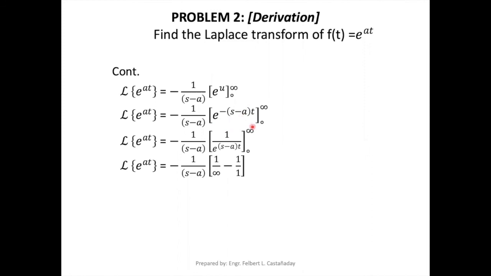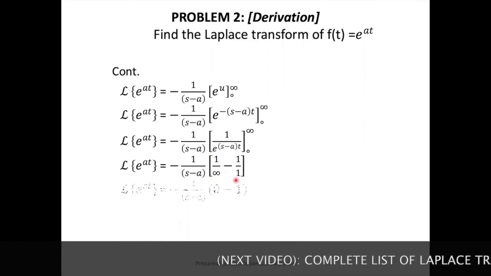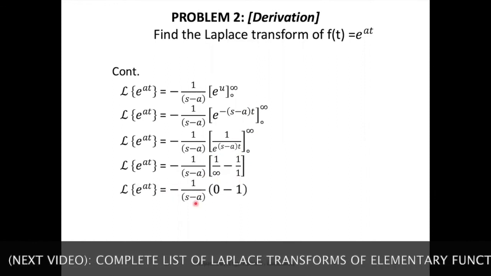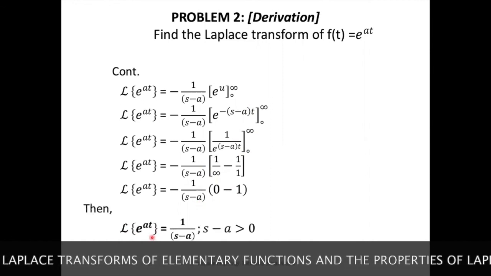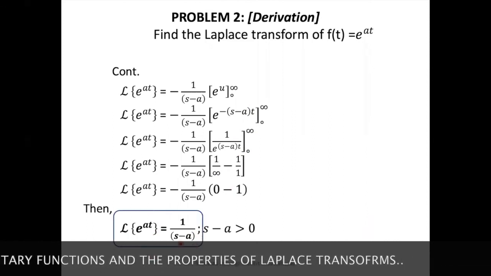Now we have the upper limit, so 1 over e raised to infinity, which is 1 over infinity, and e raised to 0 is 1. That's why we have this result, negative 1 times negative 1 over s minus a. Then we have the Laplace transform of e raised to at equal to 1 over s minus a.